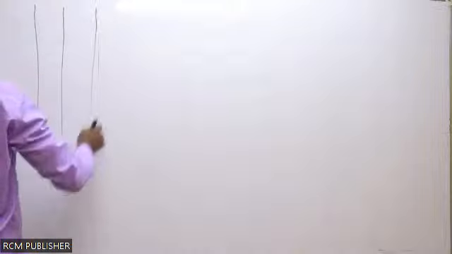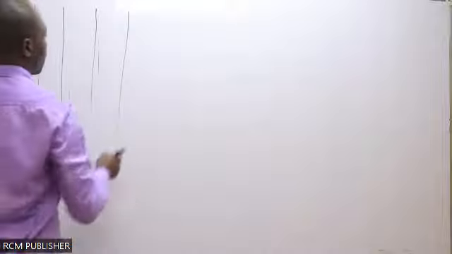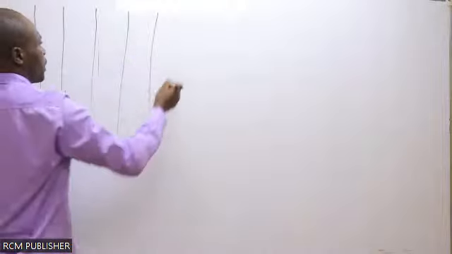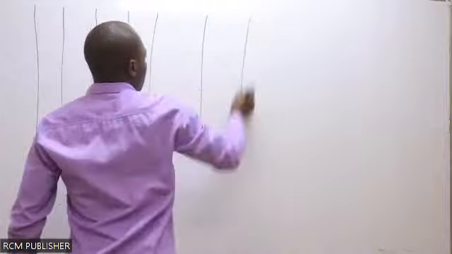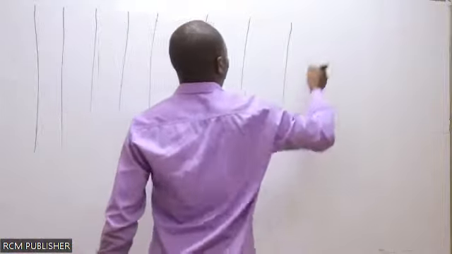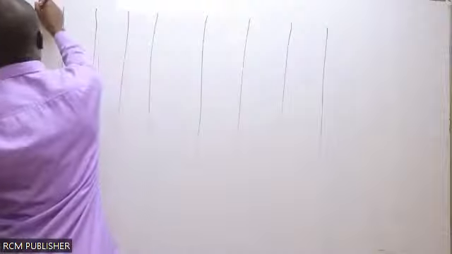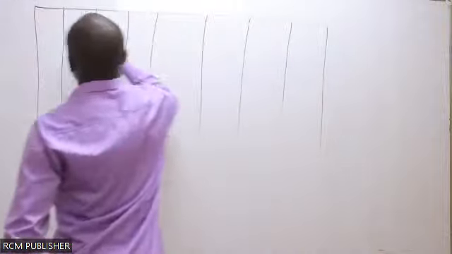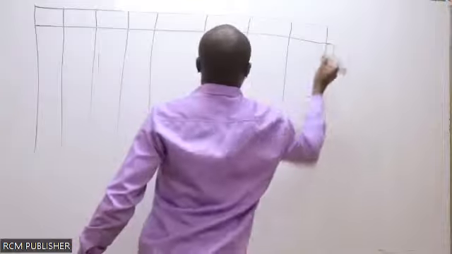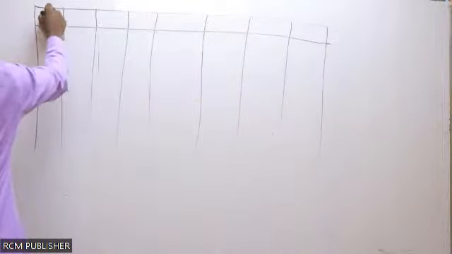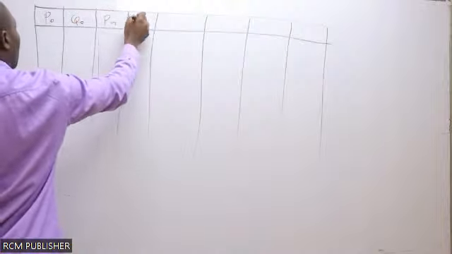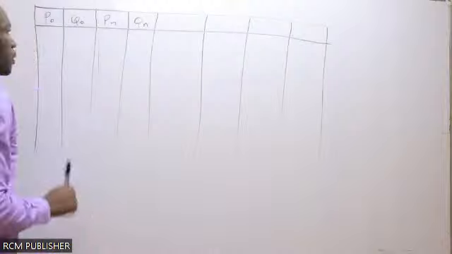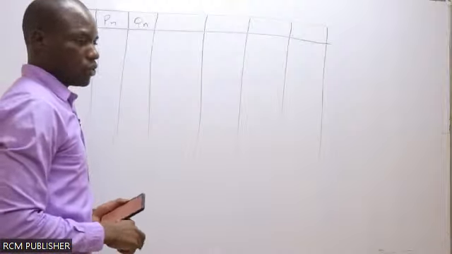So we have PO, QO, PN, that is what we are required to have.